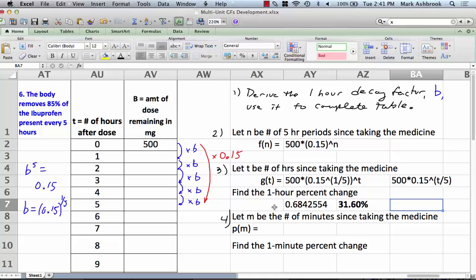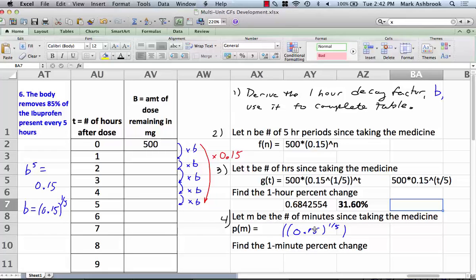The 1 minute. Would you multiply or raise the exponent? Okay, so she wants to take the 0.15 to the 1/5, and which decay factor is that? That's the 1 hour.